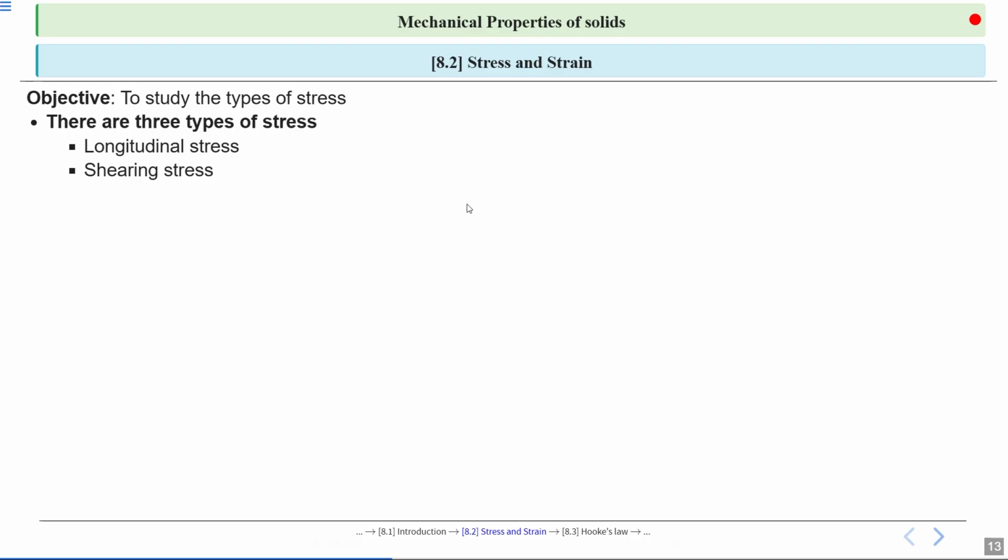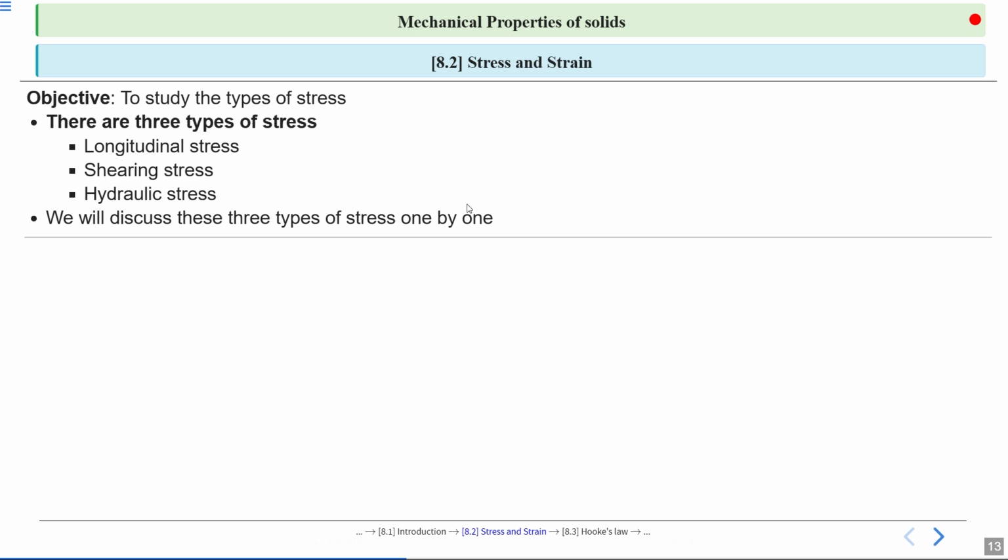This type of stress happens when forces are applied parallel to the surface of a material, causing it to slide over itself. Imagine layers of a deck of cards sliding past each other. And third, hydraulic stress. So we will discuss each stress one by one.